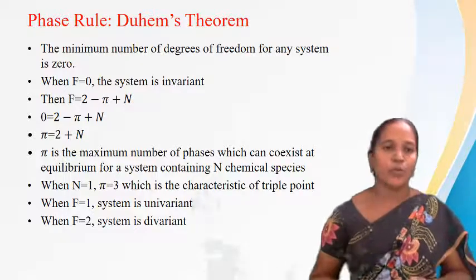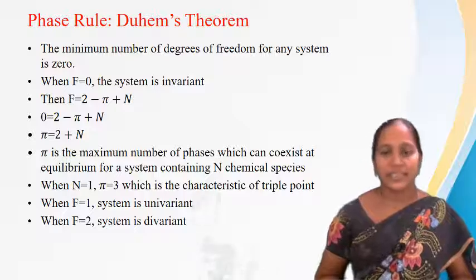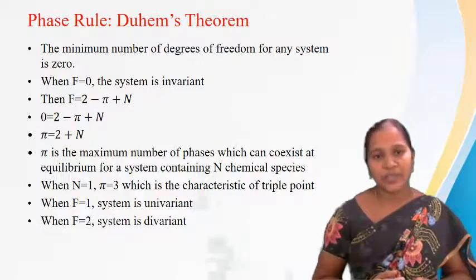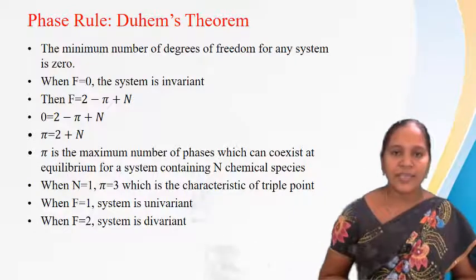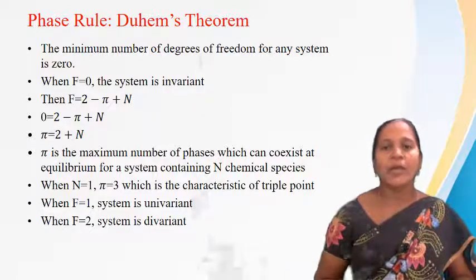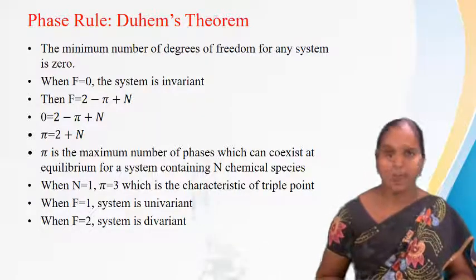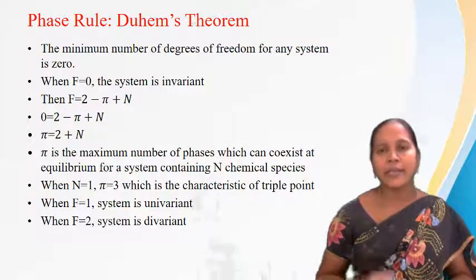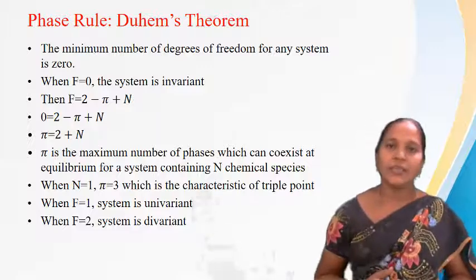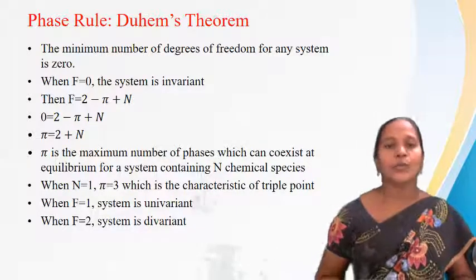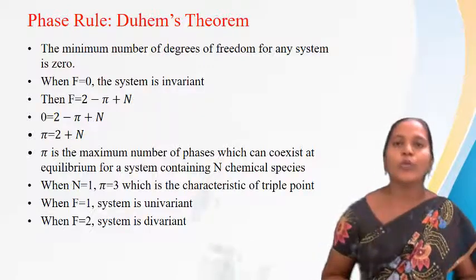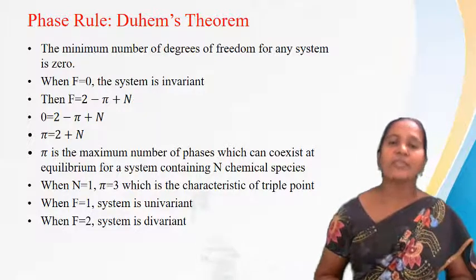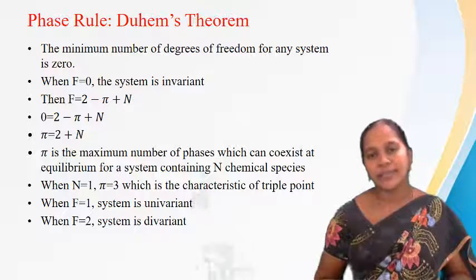When n is equal to 1, pi is equal to 3, which is the characteristic of the triple point. At the triple point, the three phases, gas, liquid and solid, coexist in equilibrium. When f is equal to 1, the system is called a univariant system. When f is equal to 2, the system is called a divariant system.